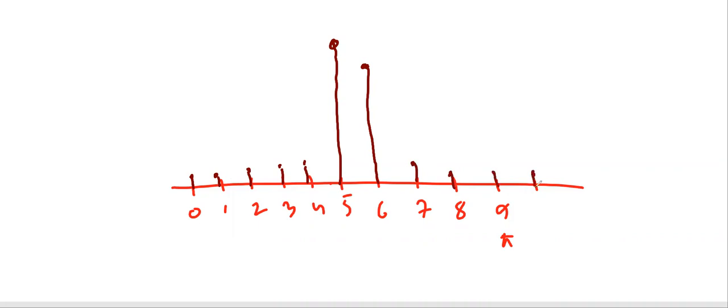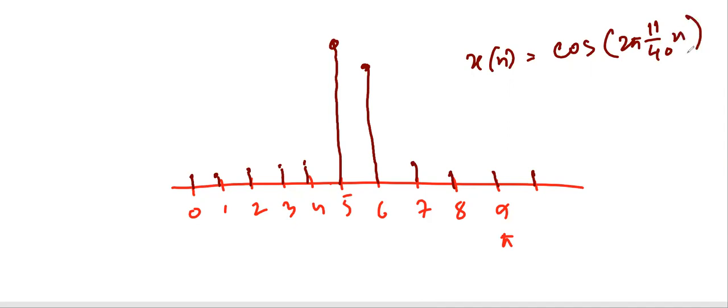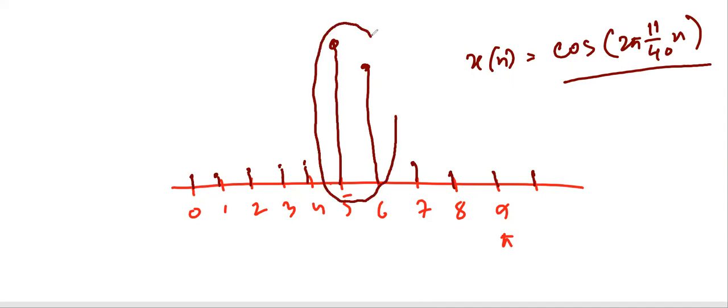So from there, what we can understand is that the given signal x[n] equals cos twice pi 11 by 40 into n. Is that a single frequency or a compound frequency? Of course, this is a single frequency. However, we are getting two matches over there.